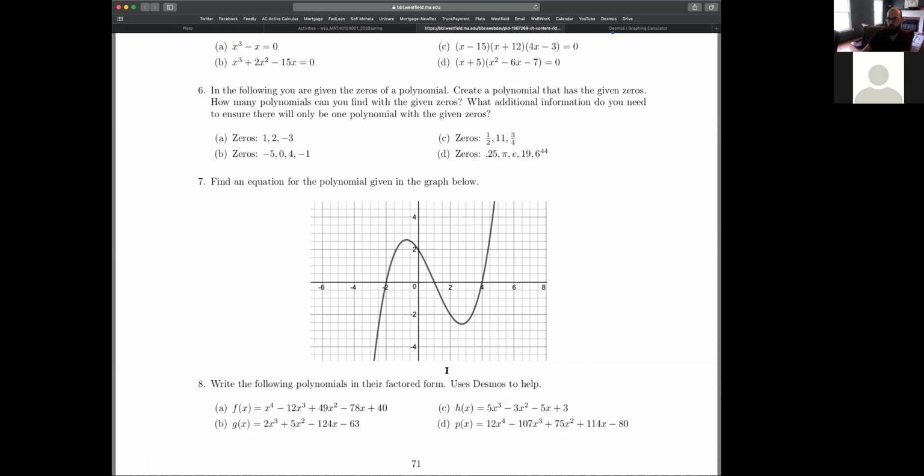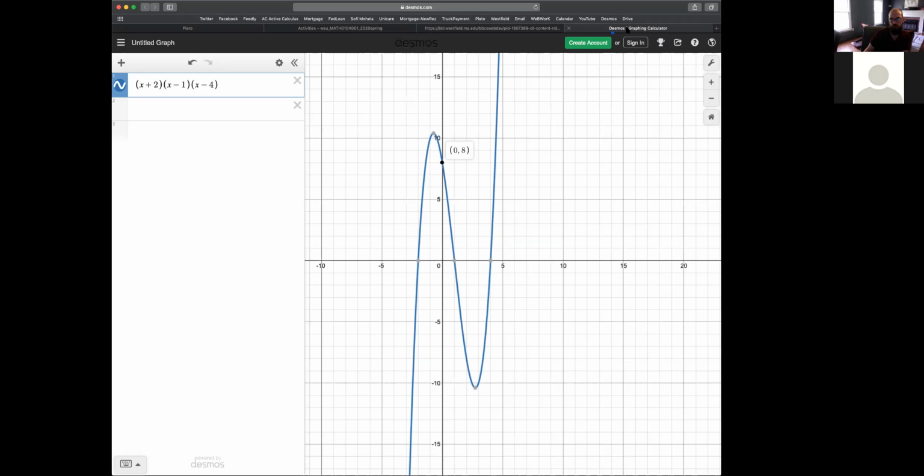What do you think the degree of this polynomial is? I'm not sure. So what's the degree of this polynomial that we've drawn in here? Third? Yeah, this is a third degree polynomial.